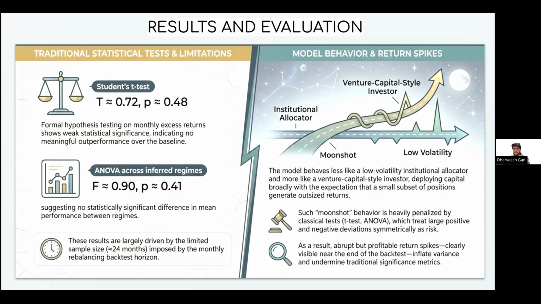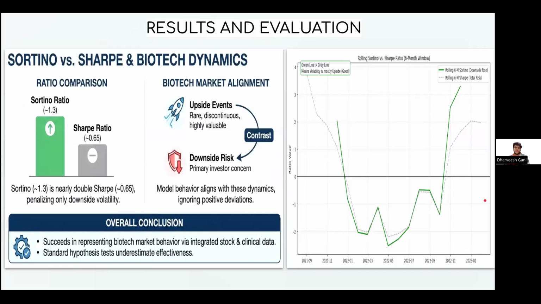They don't really care whether the volatility was to the upside, that is the returns, or the losses. A model that functions like this for this specific market is not well suited to be judged by these kinds of statistical tests, for which we did the Sortino ratio, which is the apt one for evaluating this model, compared to the Sharpe ratio.